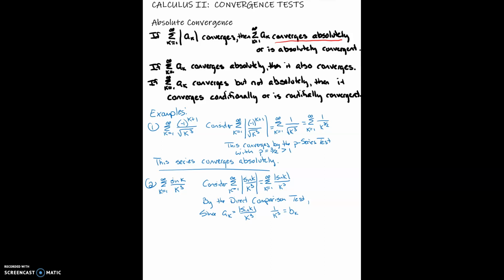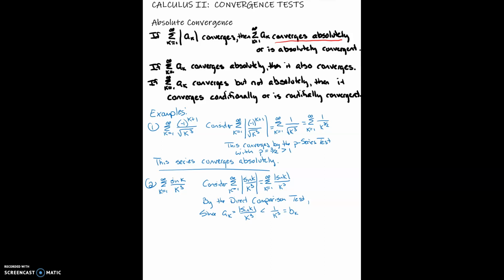I notice that sine of k is bounded above by 1, which means that my a sub k's are less than or equal to, or actually just less than, my b sub k's. That's the first part of the direct comparison test.